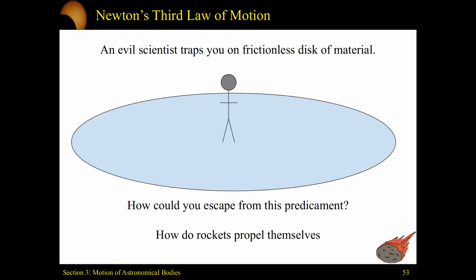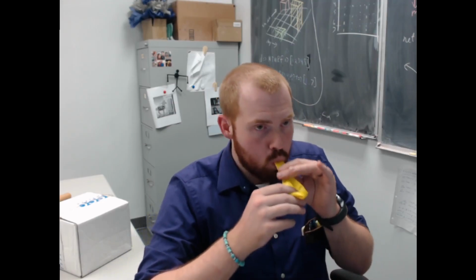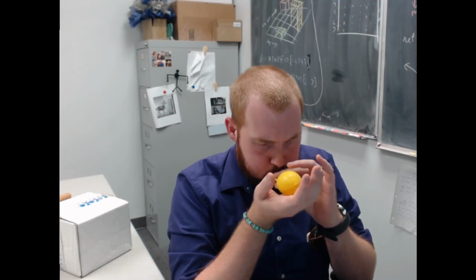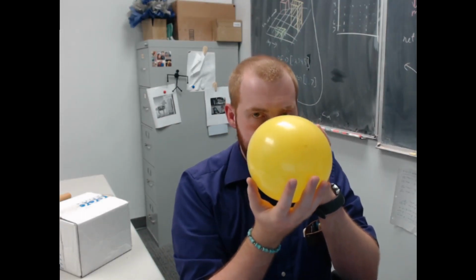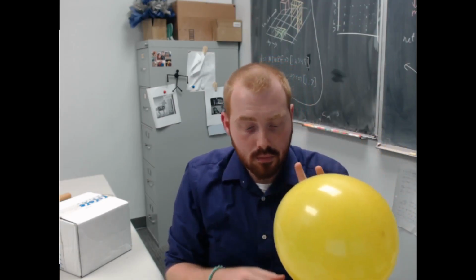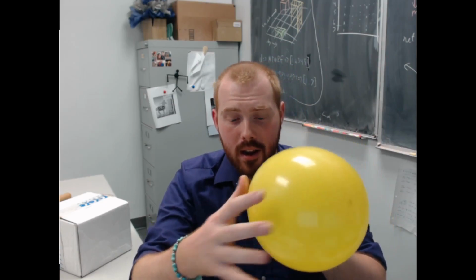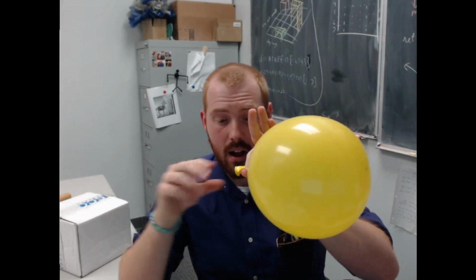How does a rocket propel itself? Think about that. What does a rocket do? Well, you put some material. For boosters that go into space, you use a liquid substance. I'm just going to use air pressure. There's a bunch of pressure in here, and when I release, it's going to start to escape and fly off.